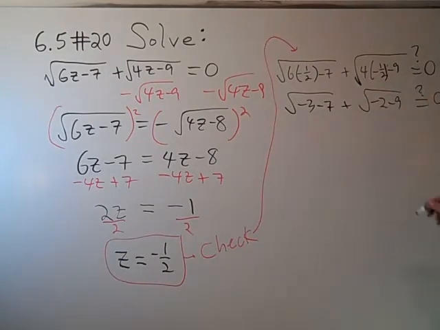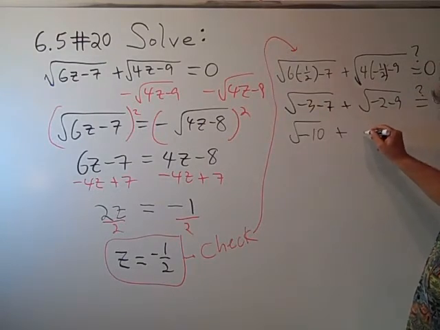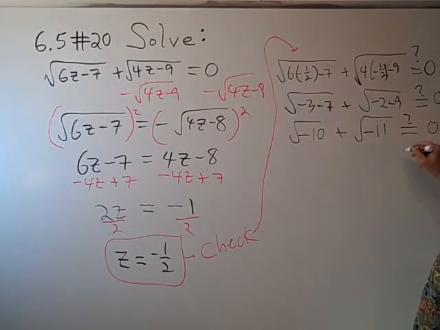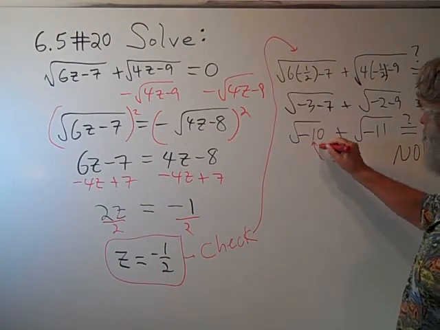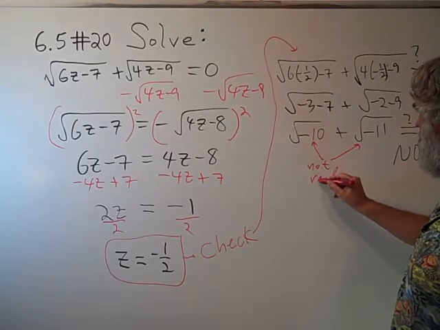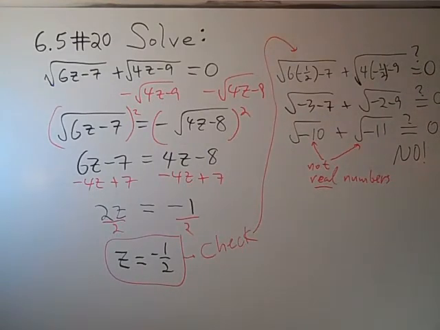And something looks fishy here, because this is negative 10 plus negative 11. No. Those don't seem to add up to 0 at all. They're not even real numbers.